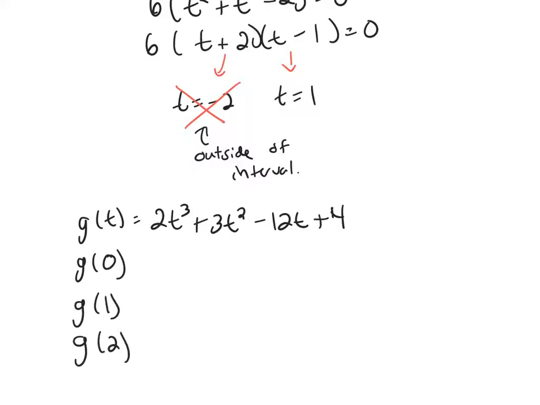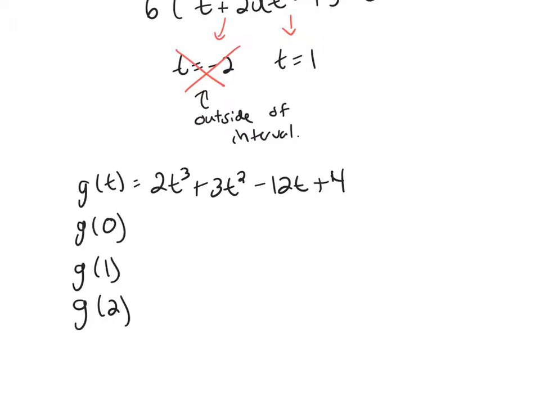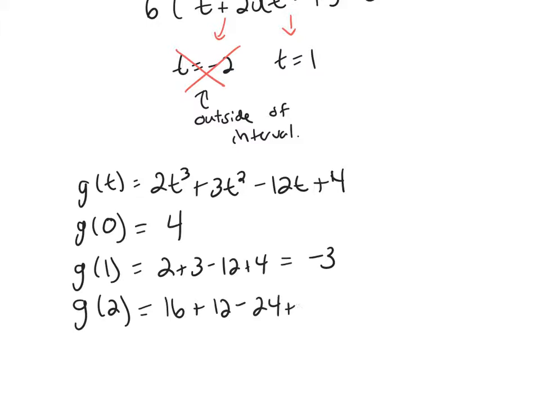So if I plug in 0, you're going to get 4. If you plug in 1, you'll get 2 plus 3 minus 12 plus 4. You'll get negative 3. And if you plug in 2, you'll get 16 plus 12 minus 24 plus 4, you'll get 8.